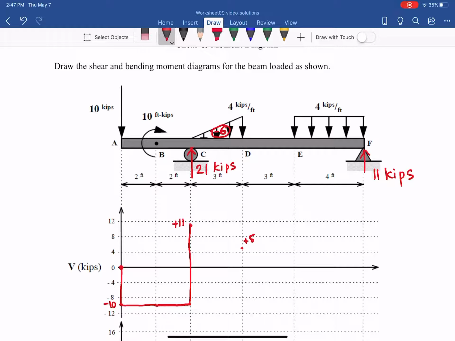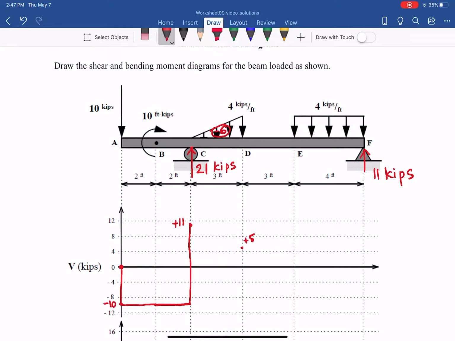And because of the triangular load distribution, the shear has to be a parabola. In this case, as you can see, the distributed load is 0 there and 4 kips per foot at that point.